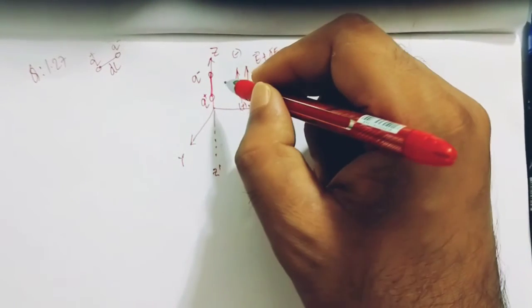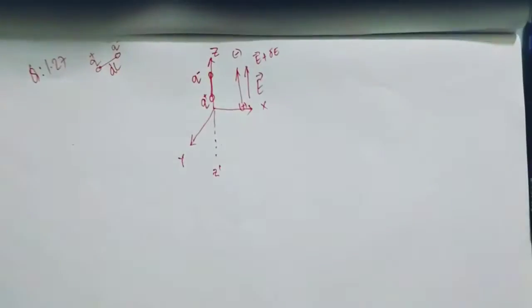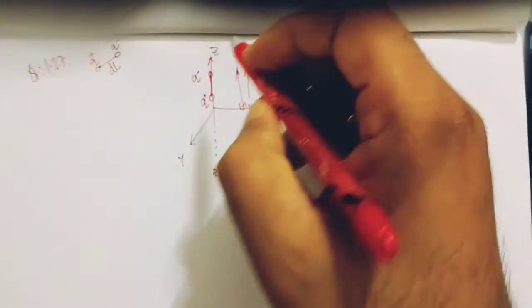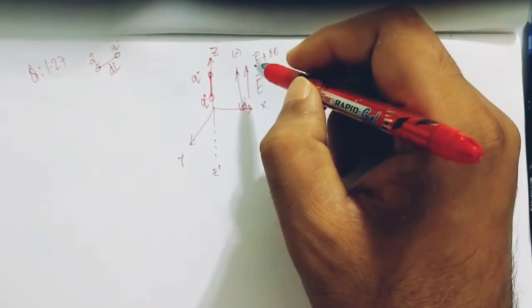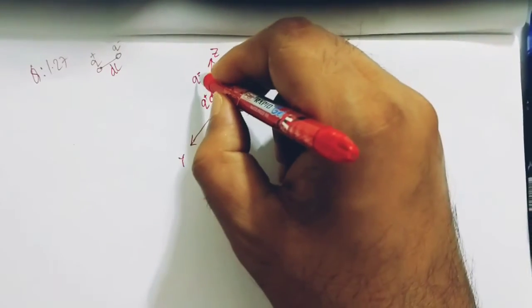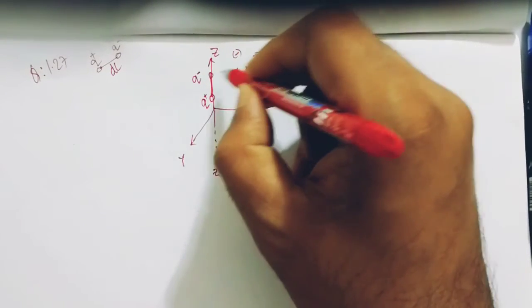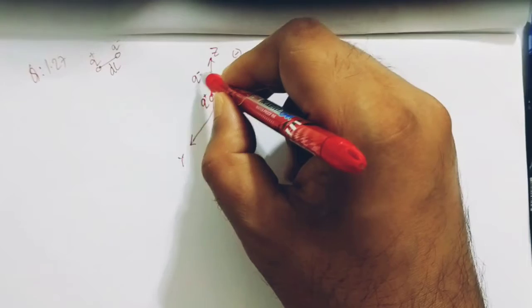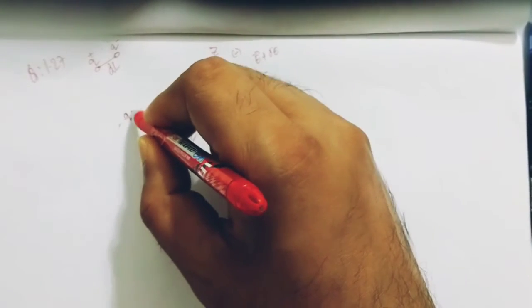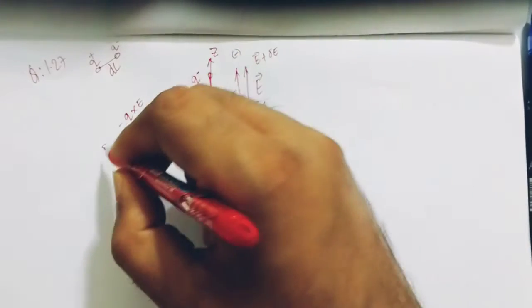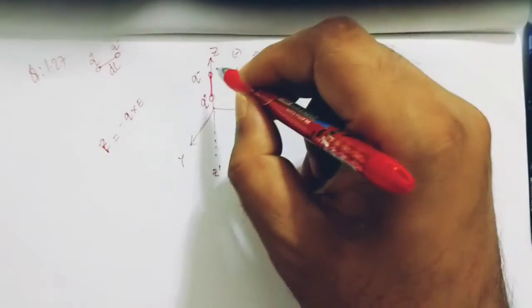They are saying this will be the negative z direction. So the force here will be Q into E. This Q into E will be bigger, the attraction force, and this will be the negative one.